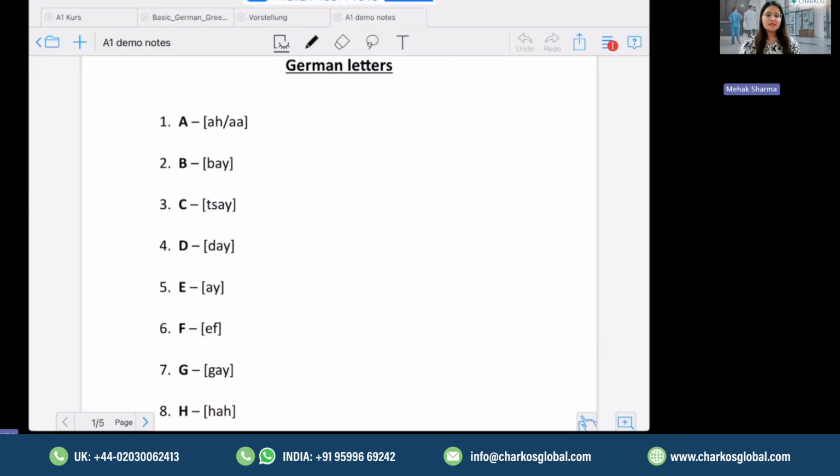And in German, of course, we have those 26 letters, but we also have some special characters, and in total, that makes it 30 letters. I will introduce you to those special four characters after getting done with the first 26 letters.